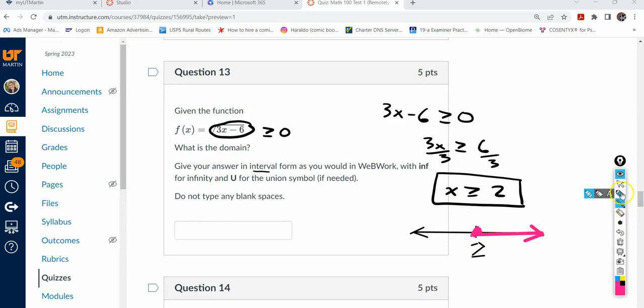All right, and so what I have here, if you read this from left to right, I start at 2 and 2 is included, so I have to have a square bracket, and then that goes on for infinity. So if I'm going to write it in here, no blank spaces, so square bracket 2, comma, and no spaces, INF, and then a parenthesis.